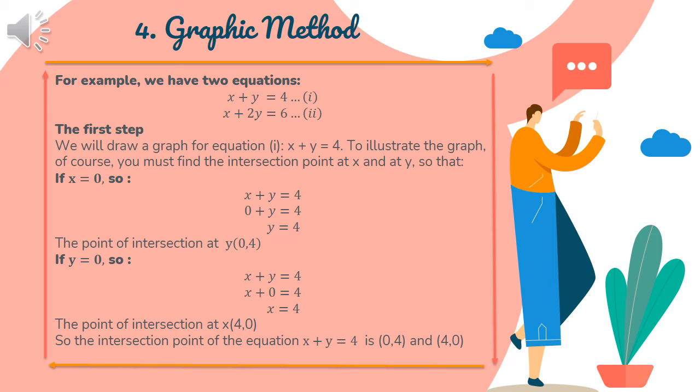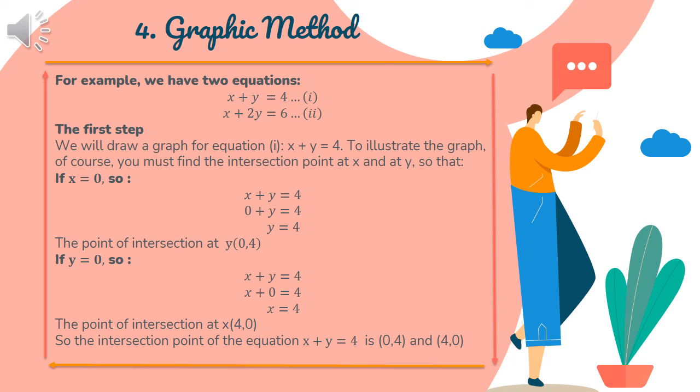To illustrate the graph, of course, you must find the intersection point at x and at y. If x equals 0, so x plus y equals 4, 0 plus y equals 4, y equals 4. The point of intersection at y is (0, 4).